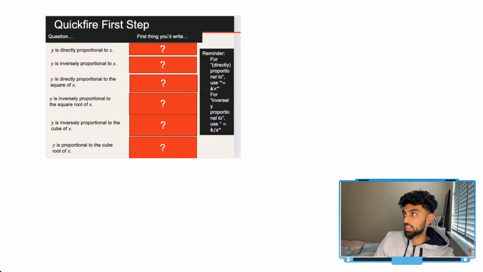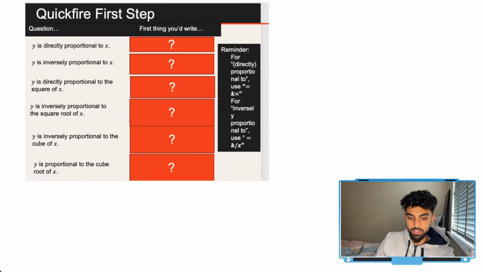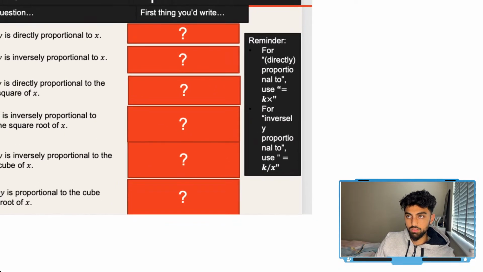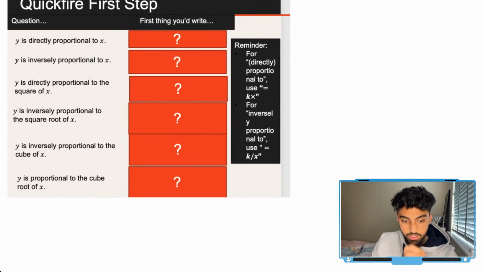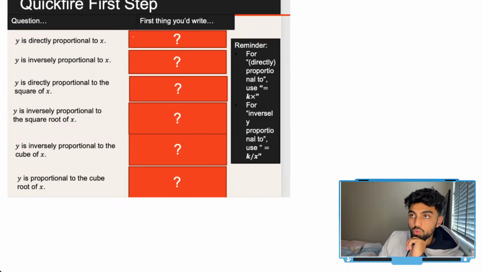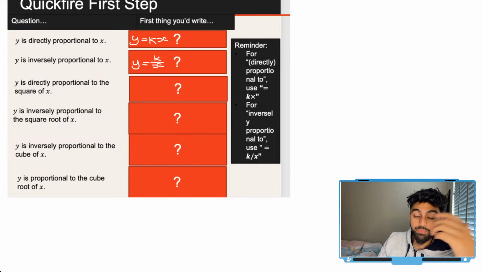So what I'm going to do, guys, I'm going to quickly write out the answers you should have got. I'm actually going to write them out in white on top of this. Let me see if I can zoom in. Yeah, so we have y is directly proportional to x. This is simply y is equal to kx. Y is inversely proportional to x. So y, remember guys, whenever you see inversely proportional, you should create a fraction.